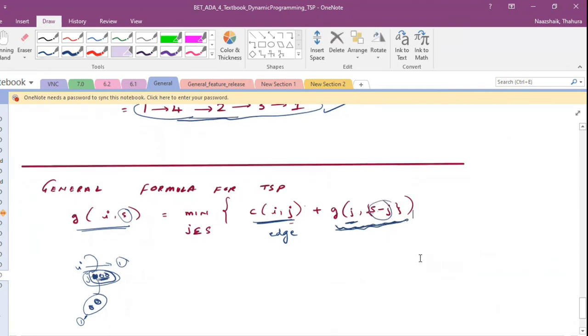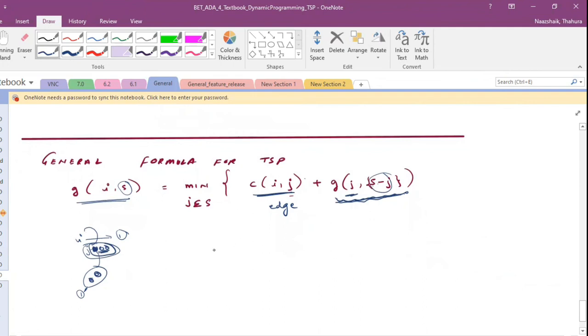Let me tell you once again. Say, for example, you want to go from 1 to 2, 3, 4. How do you apply this? This says from 1, pick anything in your set. In my set, say currently there are 3 numbers: 2, 3, 4. That's what the set says.